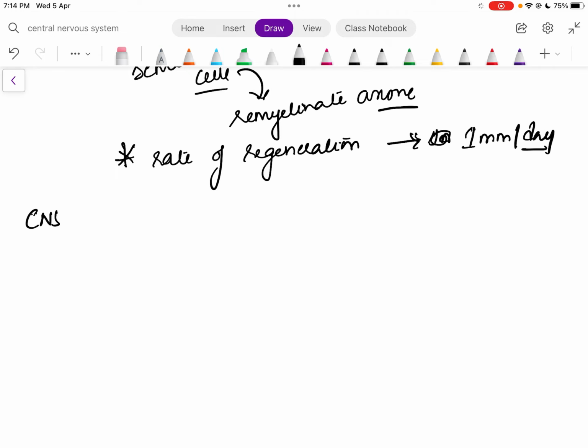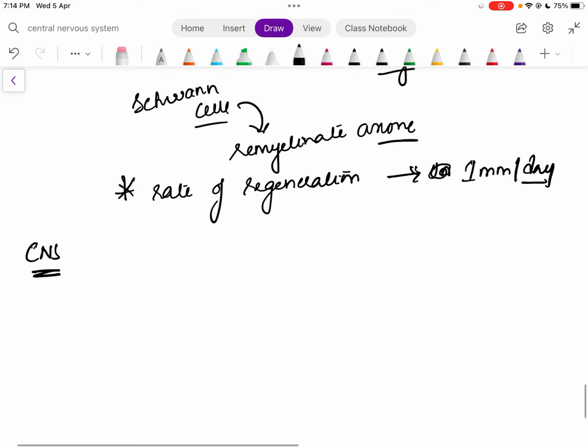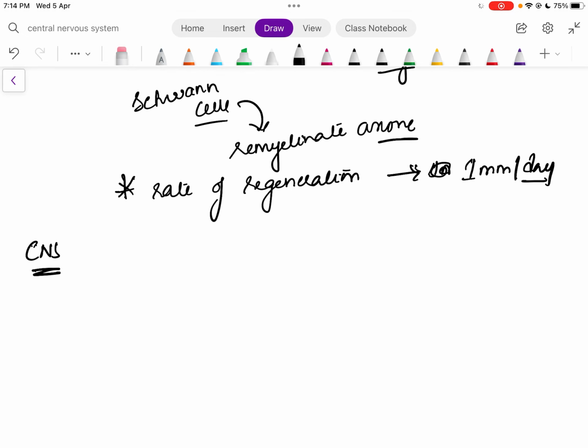And what happens in CNS? That is about PNS, the peripheral nervous system. In CNS, neurotropin synthesis is not that prominent. That's why regeneration is not done in CNS. That means neurotropins will guide the sprouting, and this guidance is lacking.